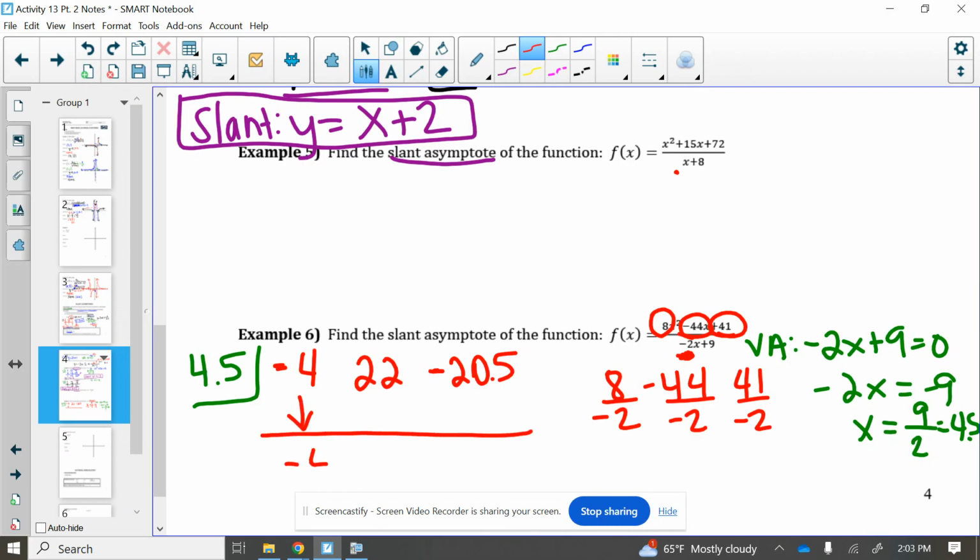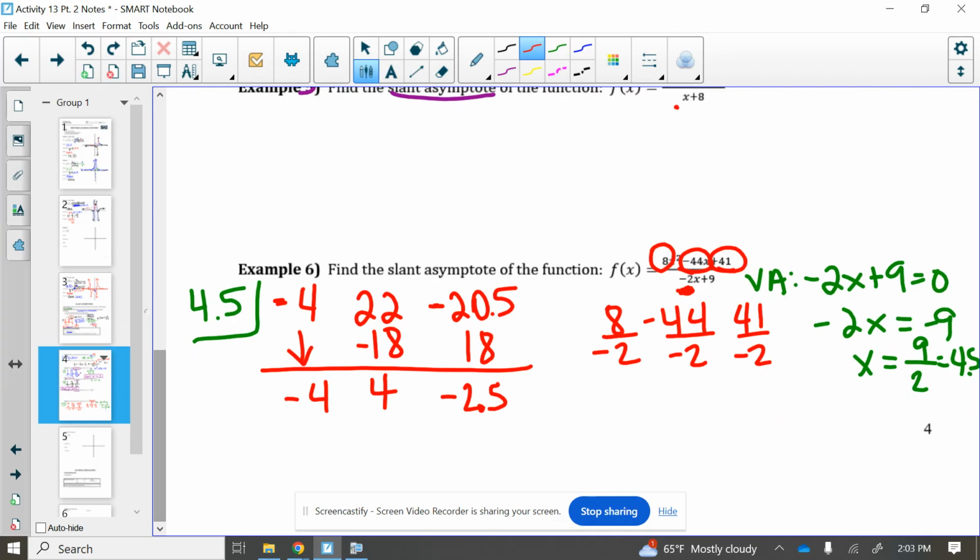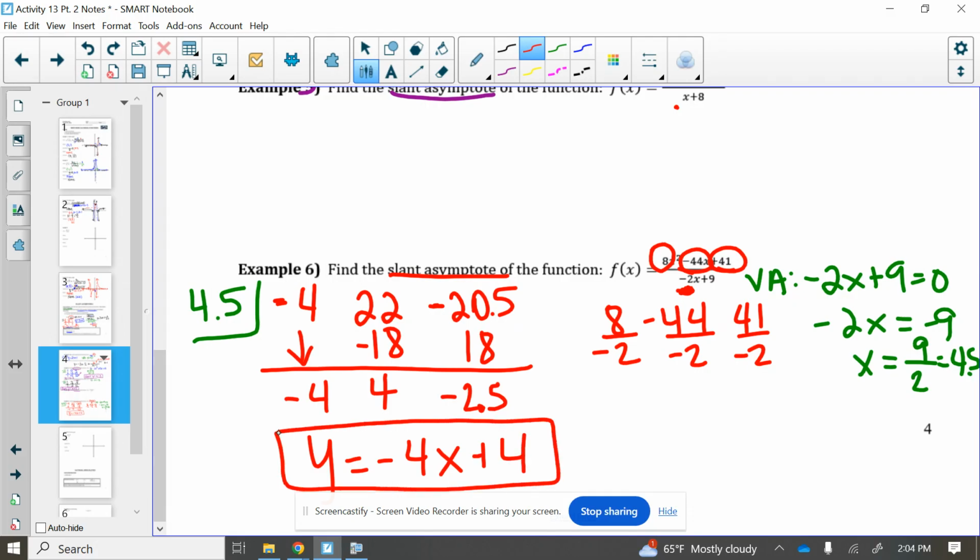And as we synthetically divide this time, multiply 4.5 times negative 4 is negative 18. Add down, multiply, and then add down again. The remainder piece here is not so important for finding the slant. The slant this time is going to be negative 4x plus 4, again using these first two pieces of our synthetic division.